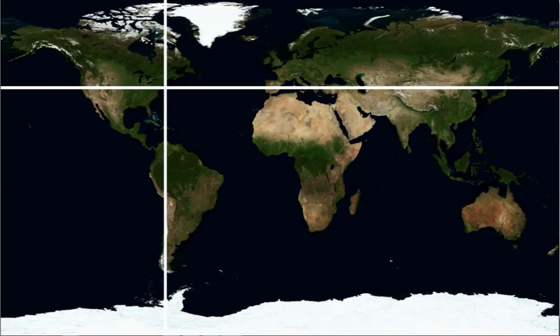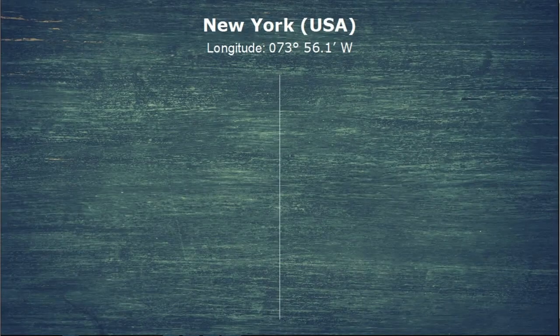Things are going to happen later the further west you are. To find out exactly how much later, let's think of the world as a whole. It spins a full 360 degrees in 24 hours. Divide that down by 24 to find that the Earth spins 15 degrees every hour. For our particular true time difference, we want to work out how long it's taken the Earth to spin 73 degrees 56.1 minutes.